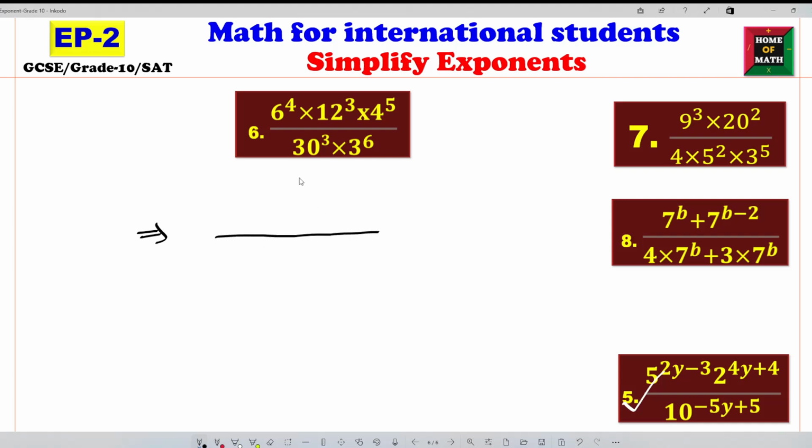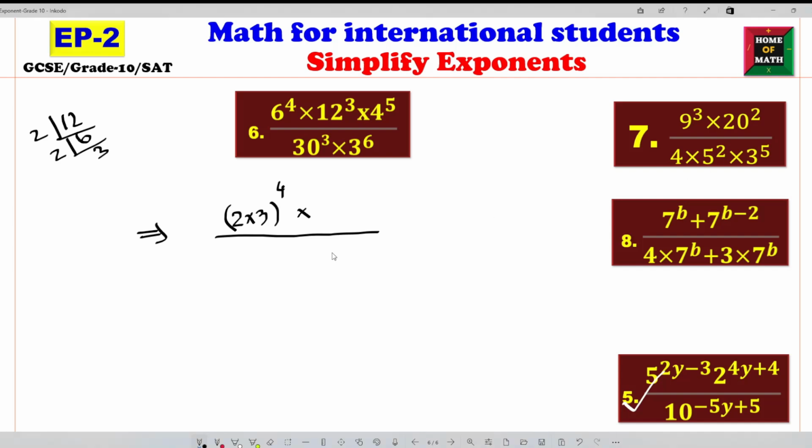Look, here is 6, we can write 2 times 3 to the power 4, right? Then look, 12, what can we do? 12 divided by 2 is 6, then divided by 2 it becomes 3.